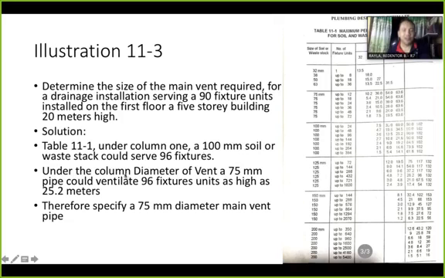So under the column of diameter here, you have a vent pipe of 75. Sometimes the problem of a designer, if you are not looking at a table, you cannot always tell what is your vent pipe diameter.